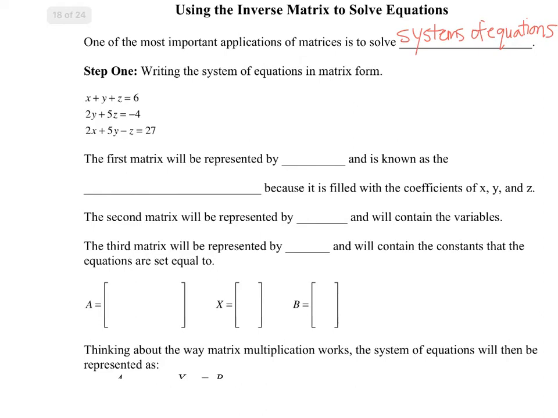So the first matrix will be represented by A and is known as the coefficient matrix, because it is filled with the coefficients of x, y, and z. The second matrix will be represented by x and will contain the variables. The third matrix will be represented by b and will contain the constants that the equations are set equal to.